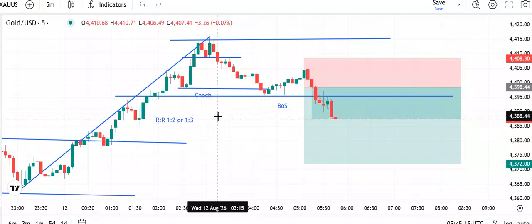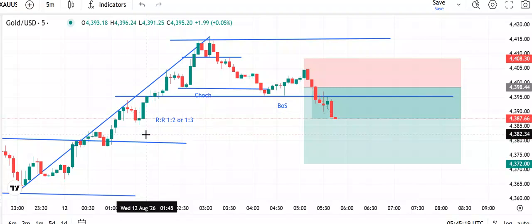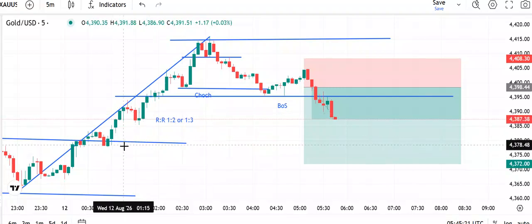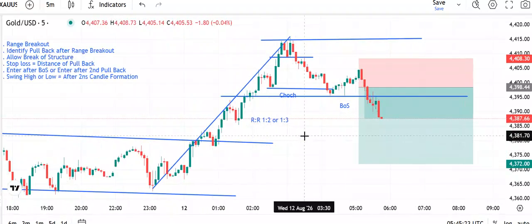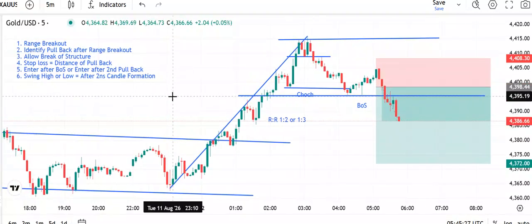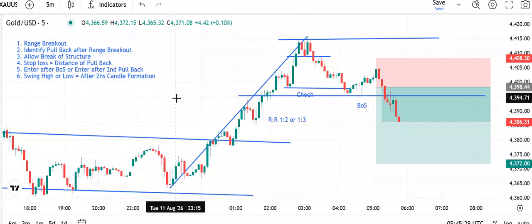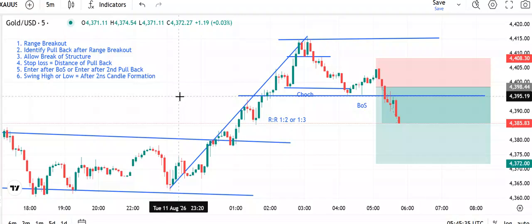Price at the demand area. This particular demand area is another demand area here. So that's the strategy. It's a good one. It works very well around this time of the day.